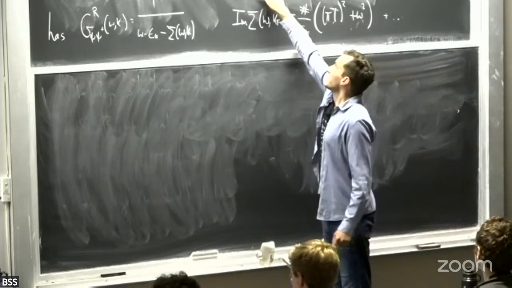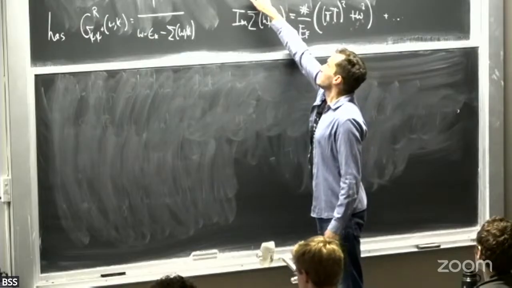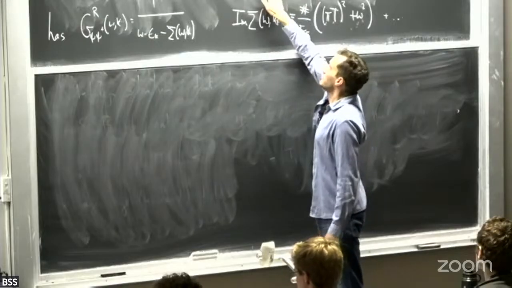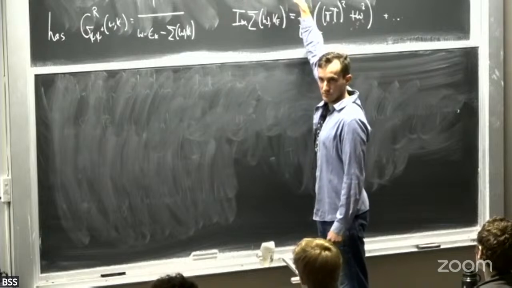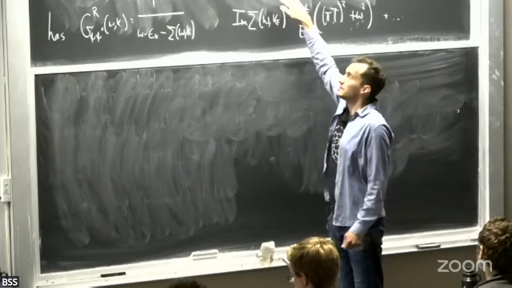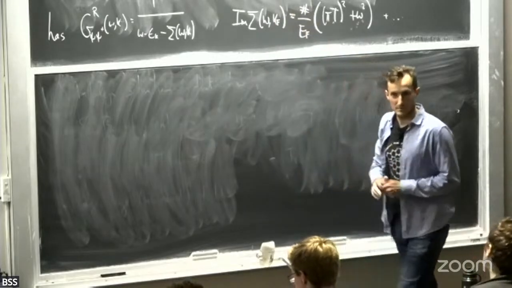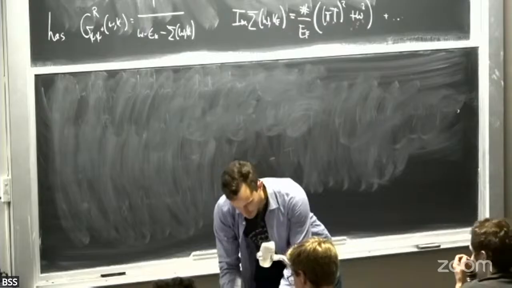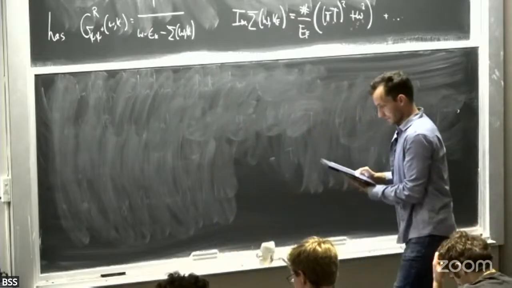Because you don't have enough energy on shell to excite a multi-phonon continuum. But at finite temperature, you start populating these states, and you'll have a width. Okay, so this is basically inevitable.